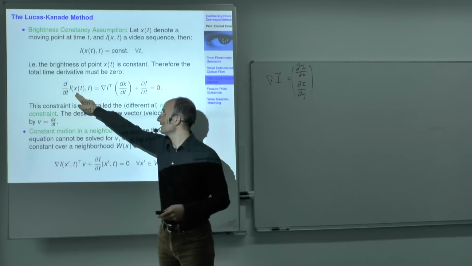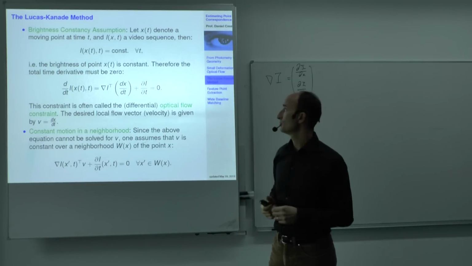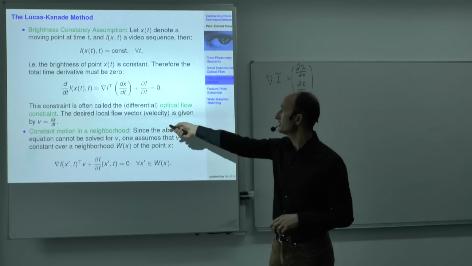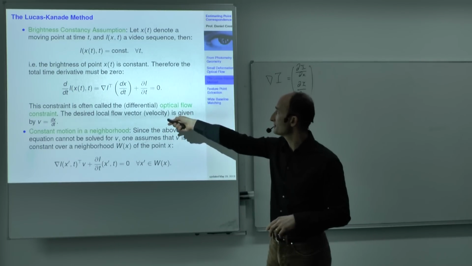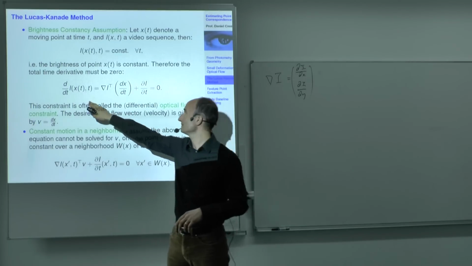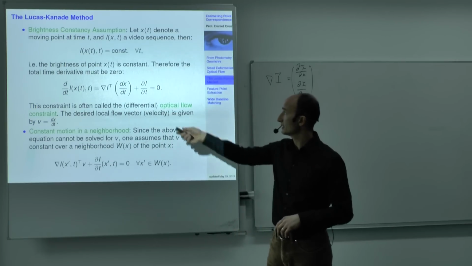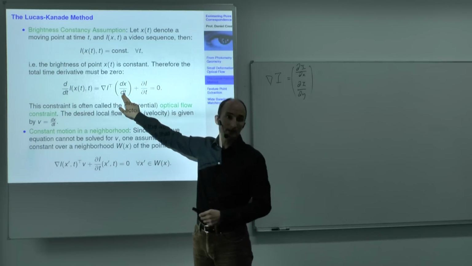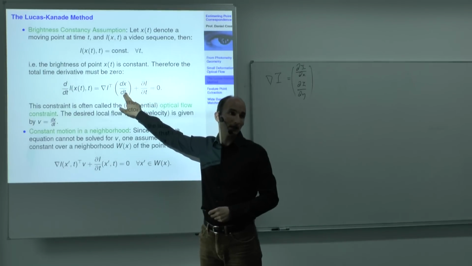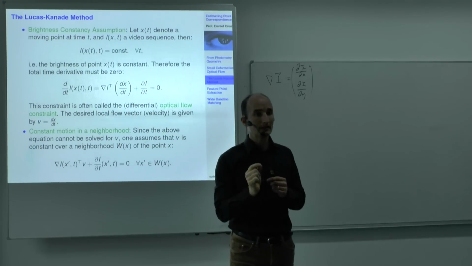Here, when I write x, it actually has two components. It's a 2D point. So this is a 2D vector, the spatial gradient transpose, times the inner derivative, that is dx by dt. How does x change with t? And this is an important quantity. That is the velocity that we're interested in. It is the quantity that tells us how x moves in time.